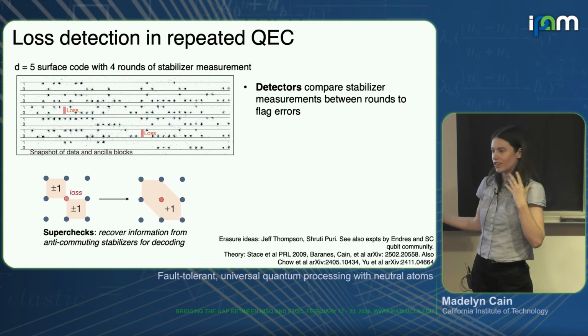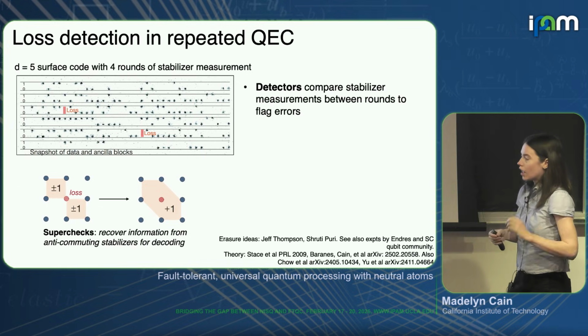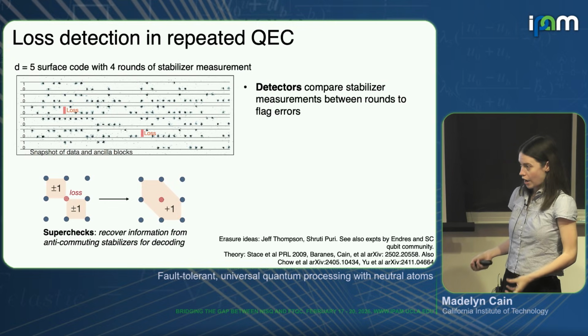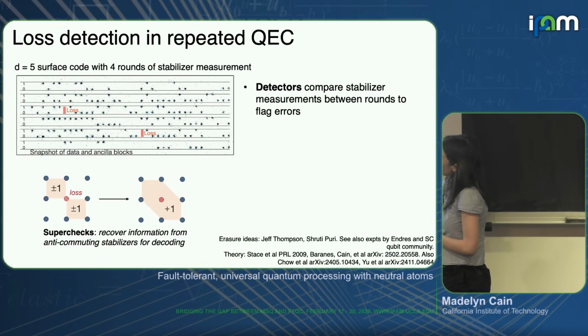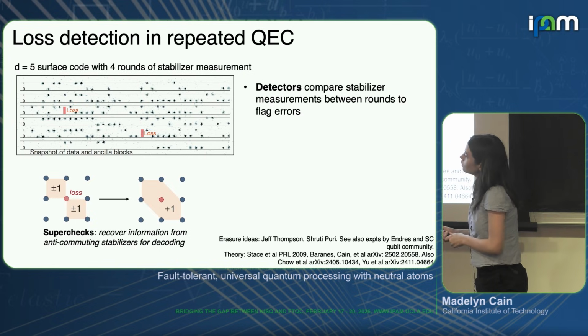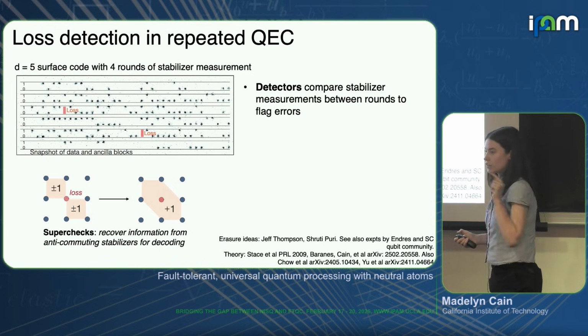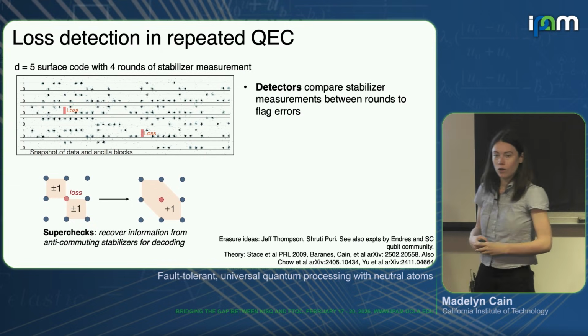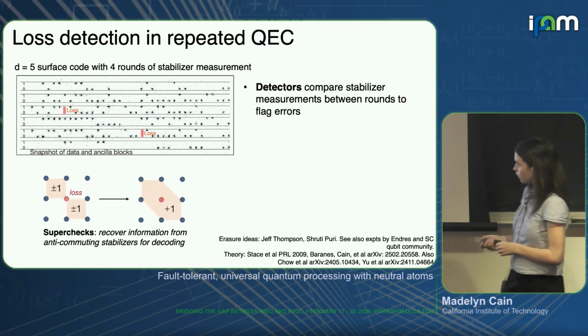If I have just a Pauli error, I'll see stabilizers flip, but I won't know exactly what error happened. When I have atom loss, I can look at my qubits and pinpoint a direct qubit and say this was lost. That's much more information that will improve the performance of error correction.